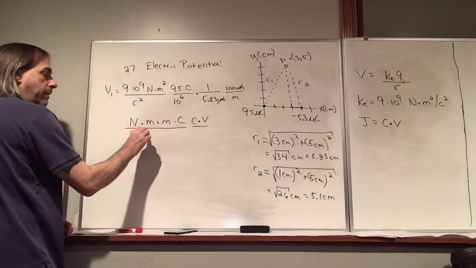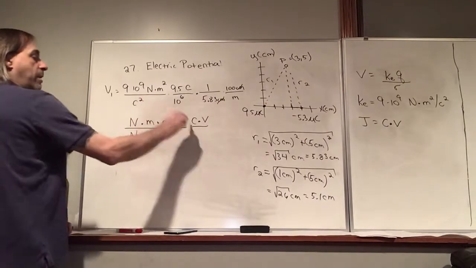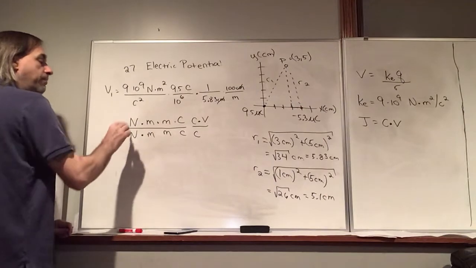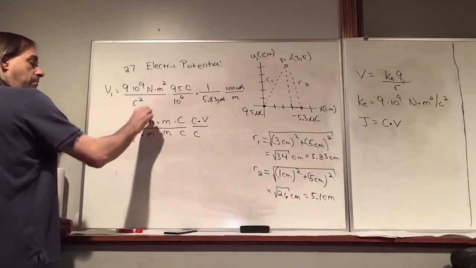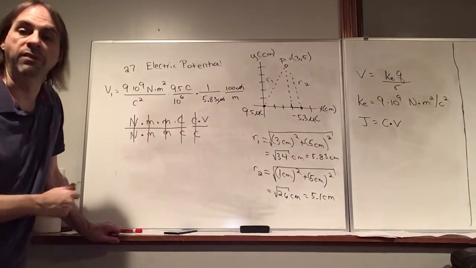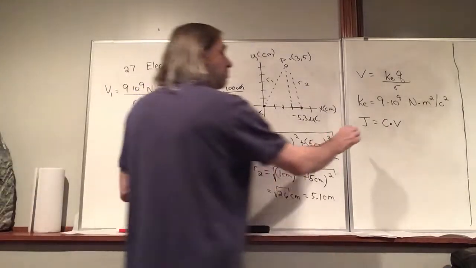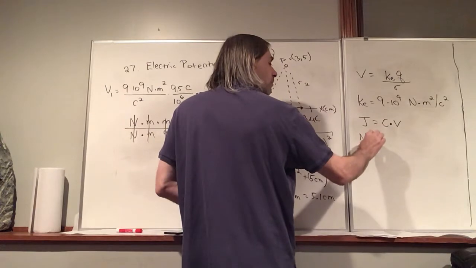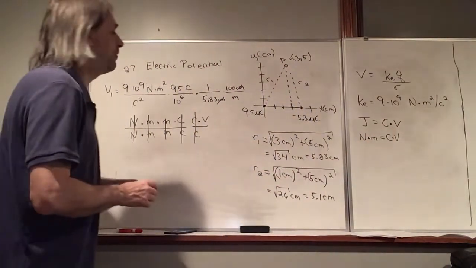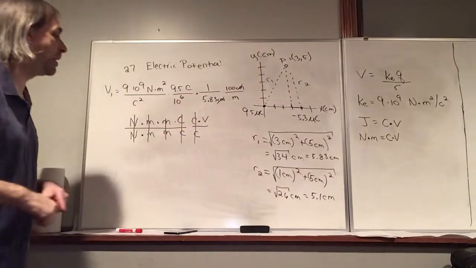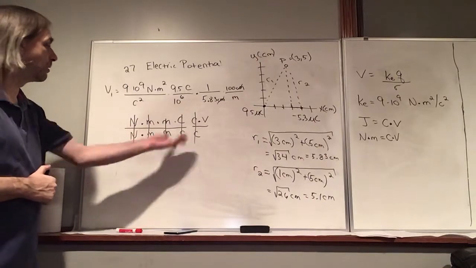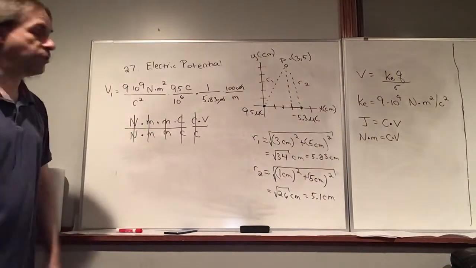So I'm going to put it like this. And then we have coulomb squared and meters. So you can see, everything's going to cancel out. We will get our voltage in volts. So I actually use joule as a newton times a meter. If I had room, I would have written that conversion factor here. But there's our coulomb volt. Here's our newton meter. And everything checks out.